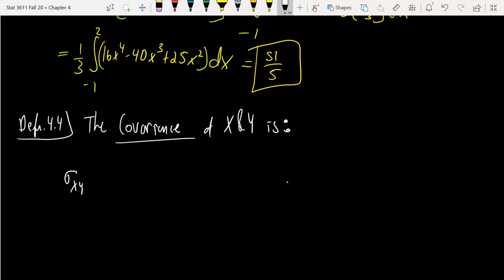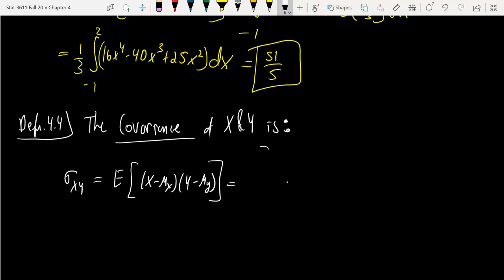Sigma x, y is the notation. This is the expected value of, here's what the covariance is. It's the distance that x is from its mean times the distance that y is from its mean. And that's the average of that product, okay?